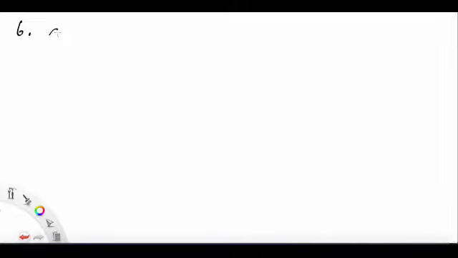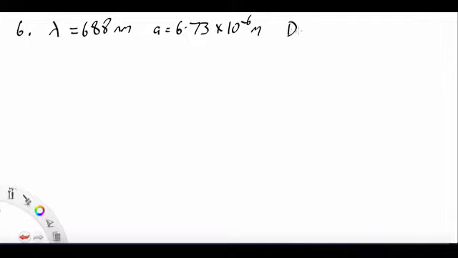Now, number 6, wavelength is 688 nanometers. a is 6.73 by 10 to the minus 6 meters. Distance is 1.85 to the screen, and we're told it is the third fringe. So again, a sine theta equals m lambda.